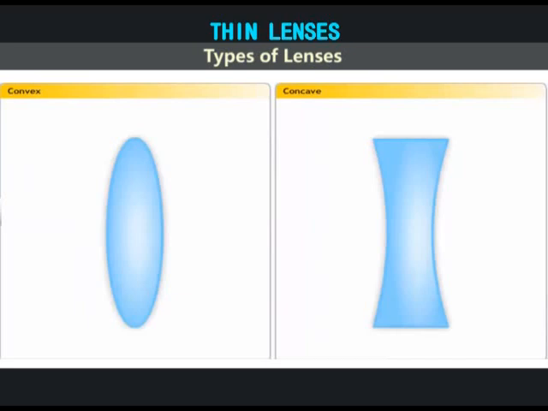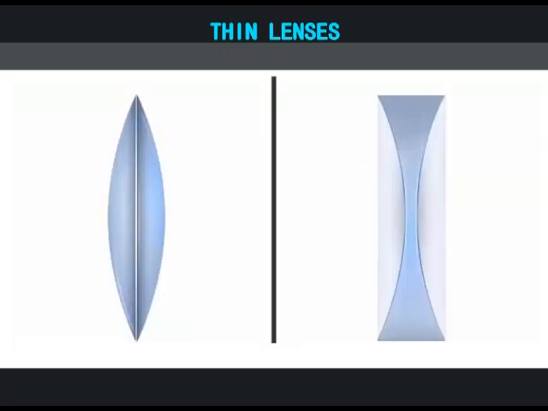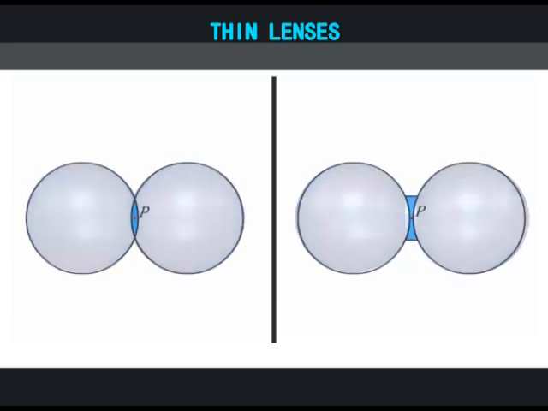Now, recall in Form 2, we saw that a curved mirror is simply a part of a sphere with the center which we call the center of curvature, C. On their part, lenses are formed by 2 parts of 2 spheres, so they have 2 centers of curvature.